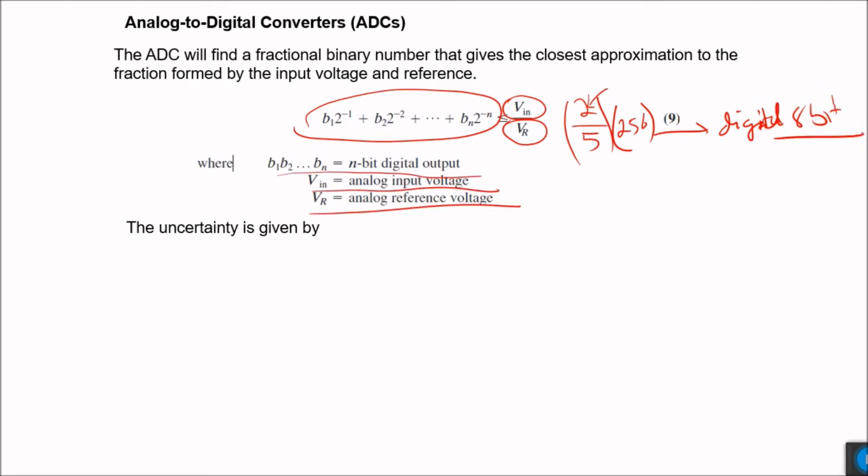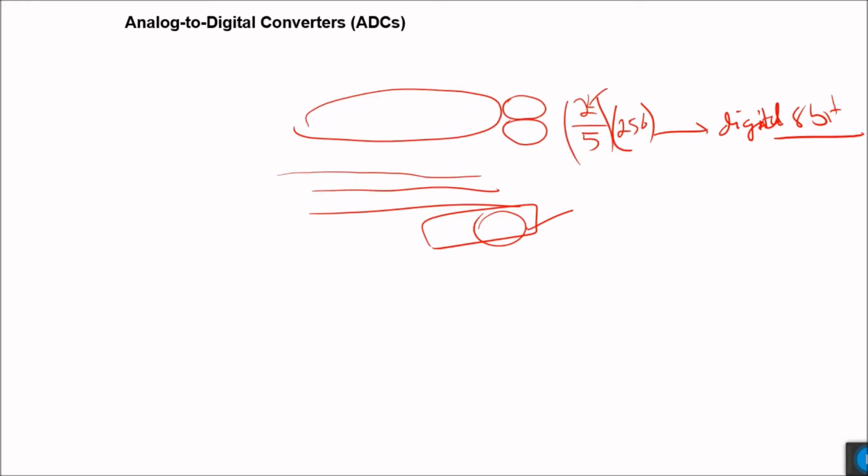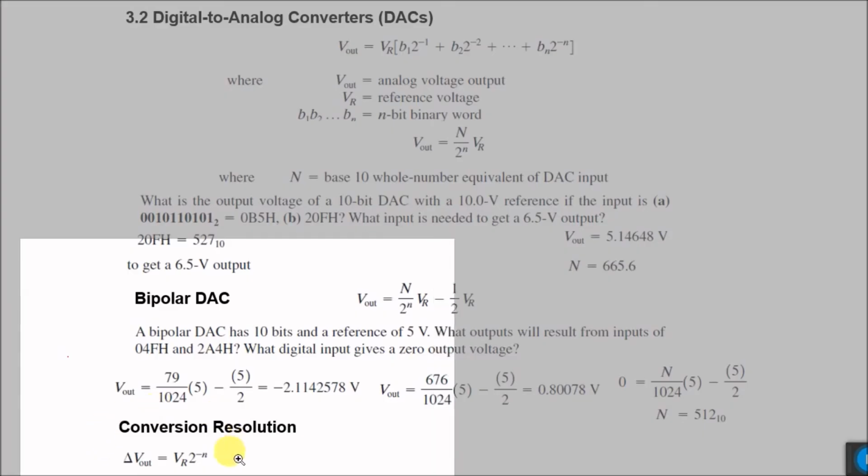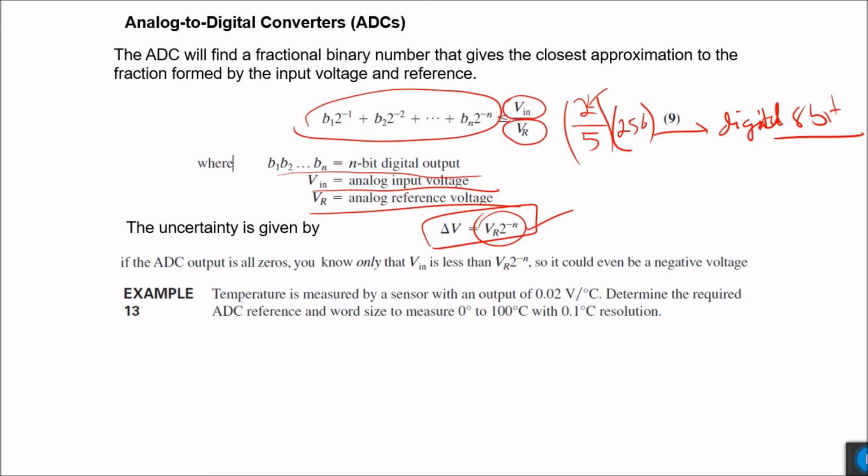The uncertainty in this case is given by delta V, just like in case of DAC. That uncertainty is the same: delta V is equal to VR times 2 raised to the power minus N. The same was the uncertainty in case of the digital to analog converter. Here, if you can see in the DAC portion, delta V out is equal to VR times 2 raised to the power minus N. Let's further elaborate it using an example.